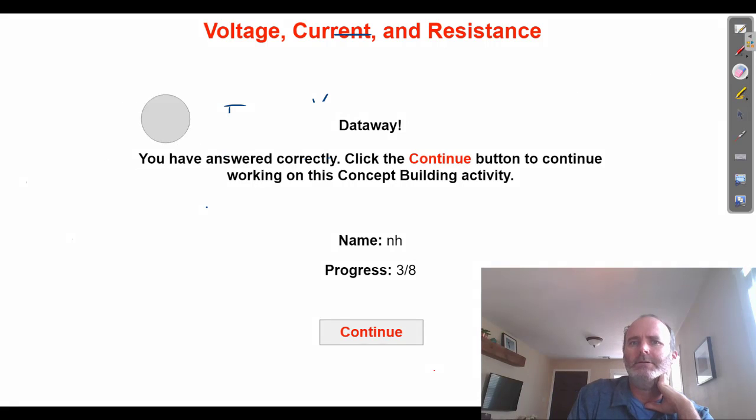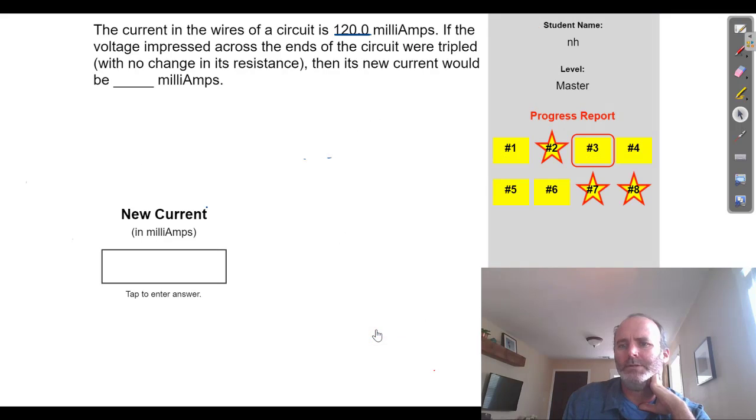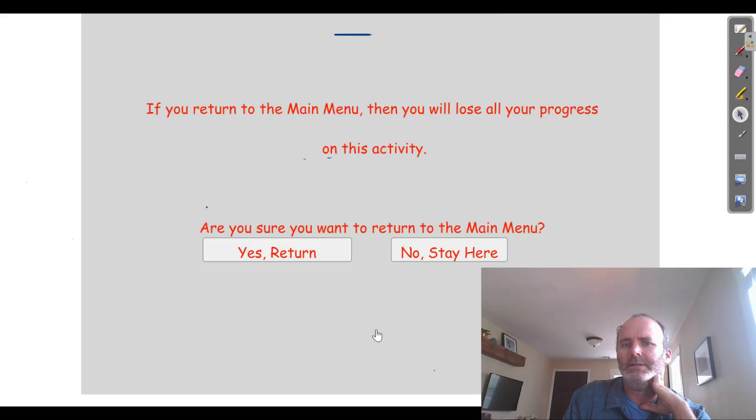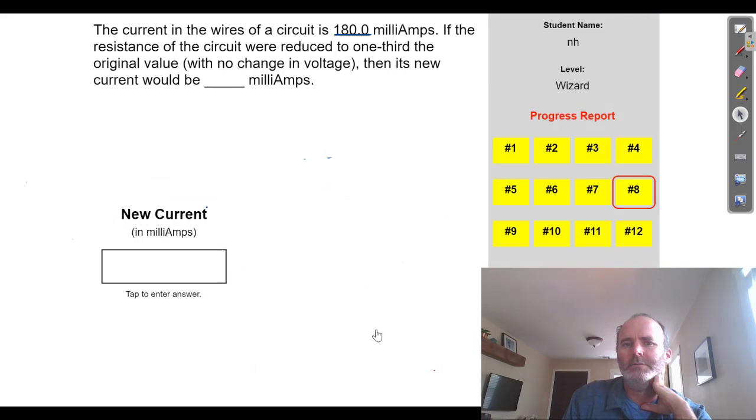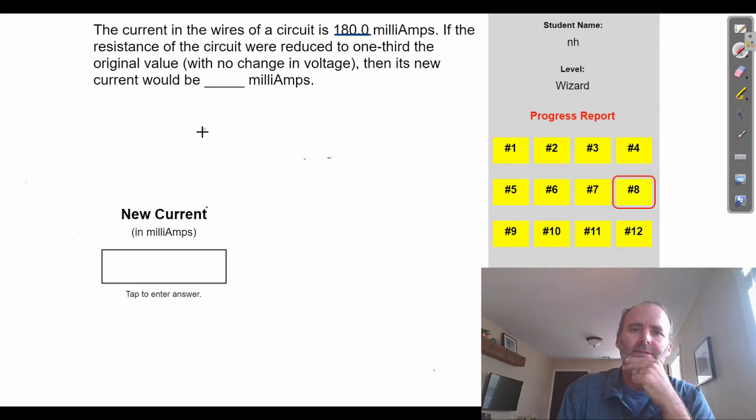Let's jump to the wizard level. This one is a little bit trickier. You have 12 to do, so this one takes a little bit of time, but once you get the hang of it, it's not bad.